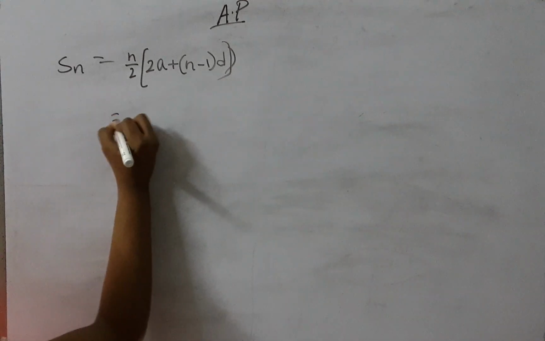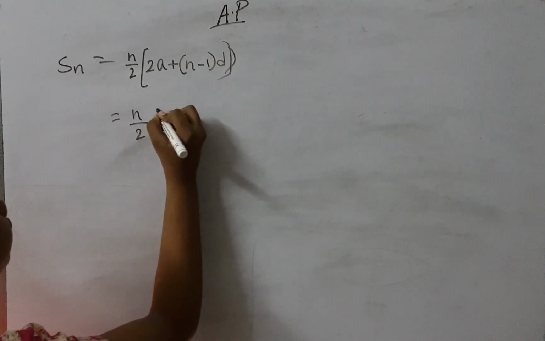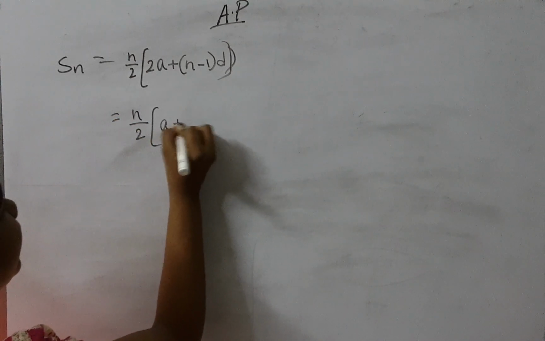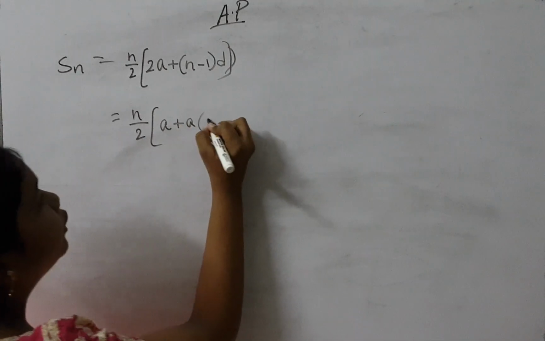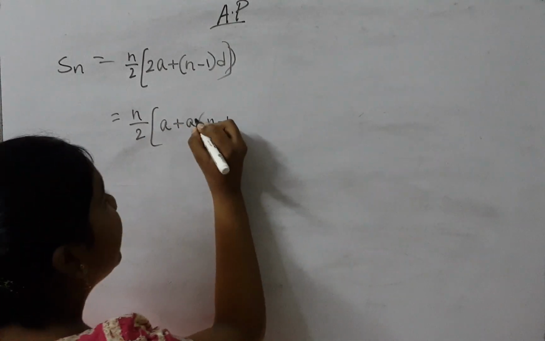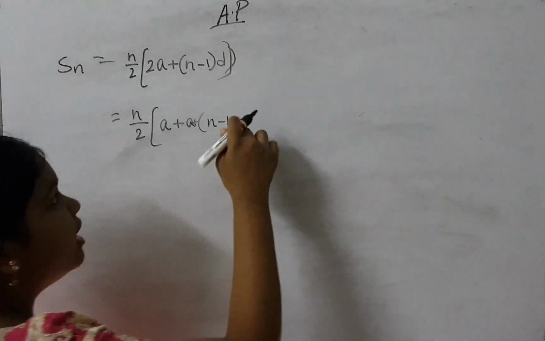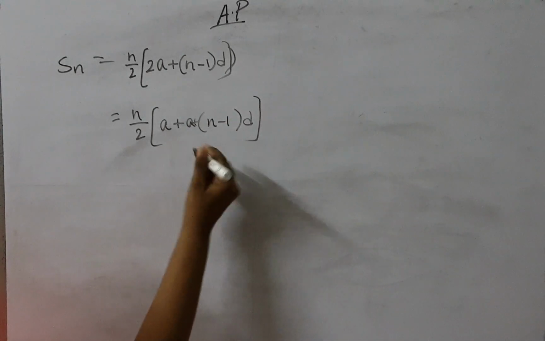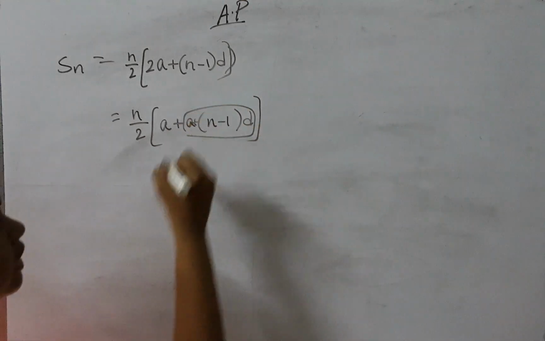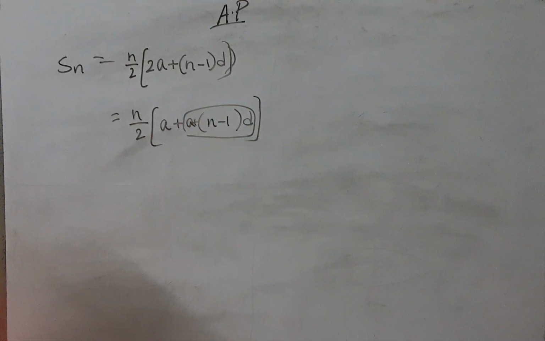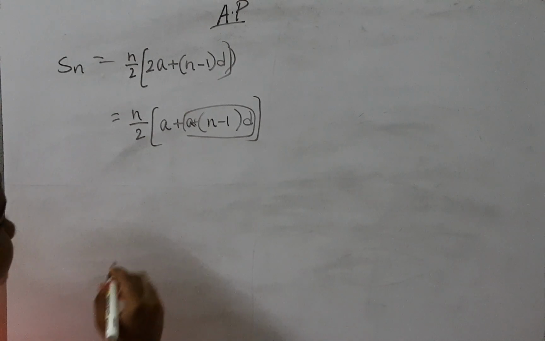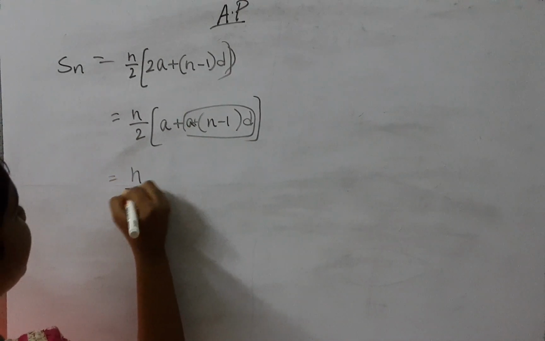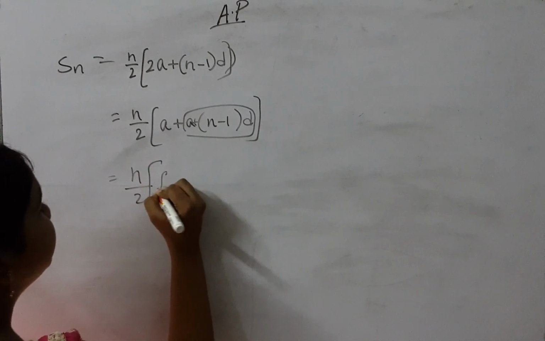Or we can take it as n by 2 into a plus last term, that is, first term plus last term.